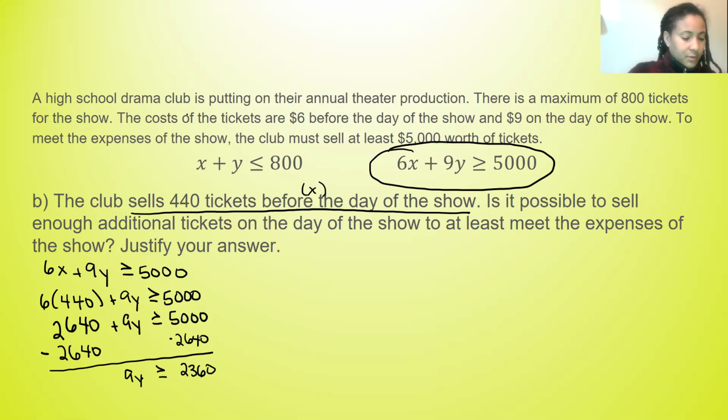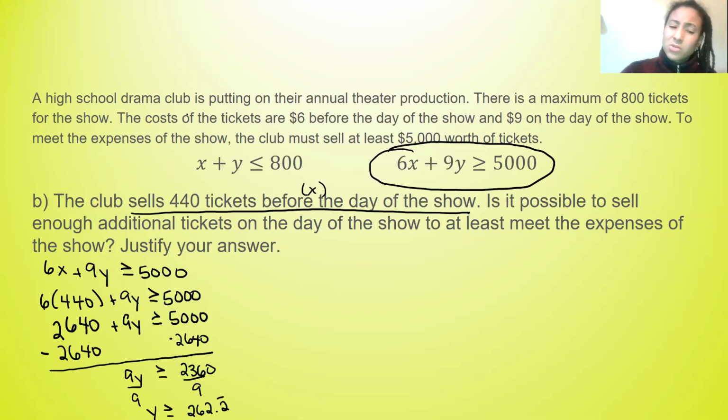Then we divide both sides by 9. And we get y. This becomes 262.2, and it repeats. Now, does my inequality stay or does it flip? It stays. Now, before I continue, just remember, it flips only when we multiply or divide by a negative value, all right? But anyways, y is representing the number of tickets sold on the day of the show.